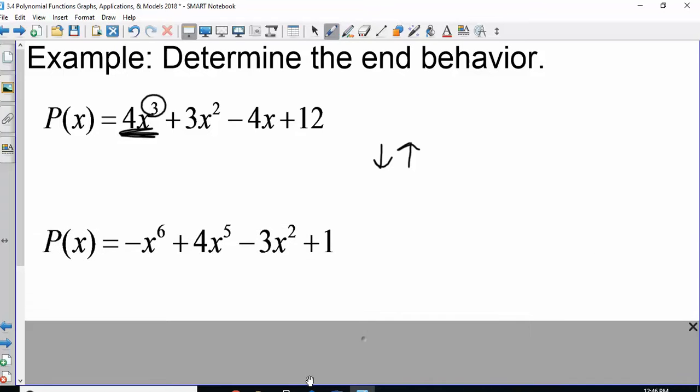Next one. The only thing we look at is the term with the highest power. Doesn't have to be the first one, so you just have to look through and find the term with the highest power. Okay, even power tells me it looks like a parabola. But the negative in front will do what? So, end behavior would be down, down.